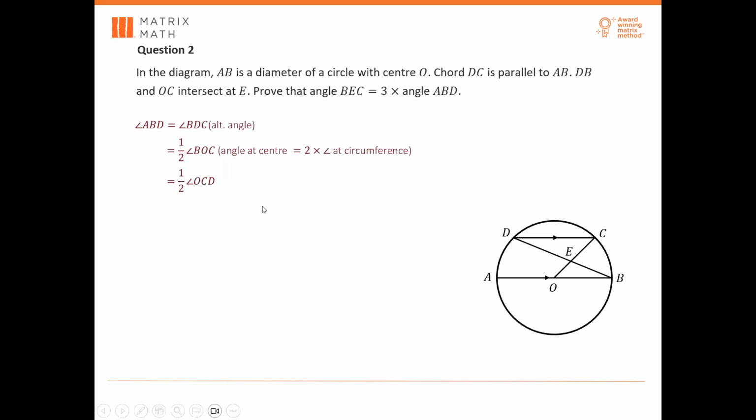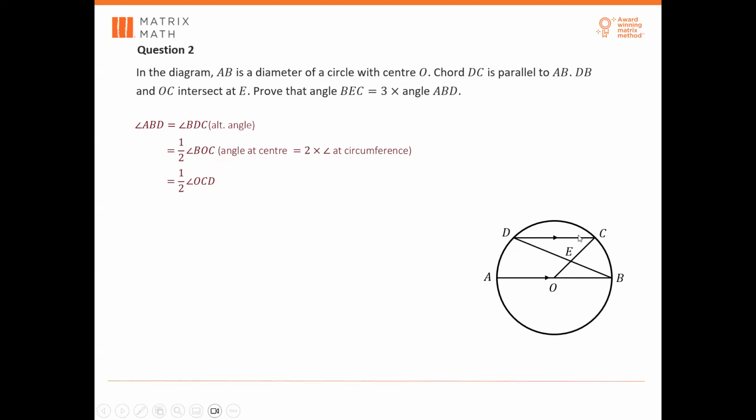So half of BOC means it will equals to half of OCD. Why is this the case? This is OCD, and this is BOC. Why is there a link between OCD and BOC? Because BOC and OCD are equal.